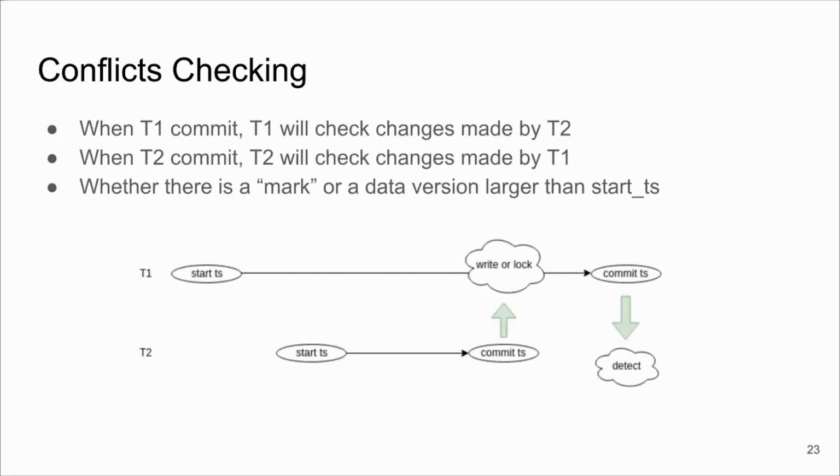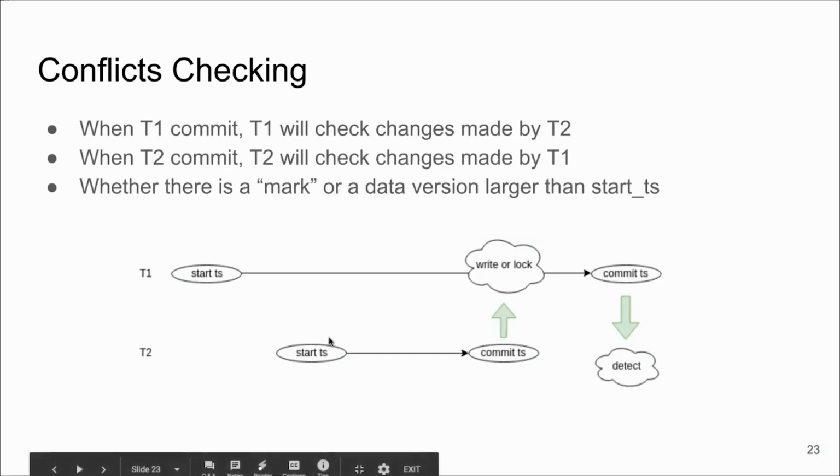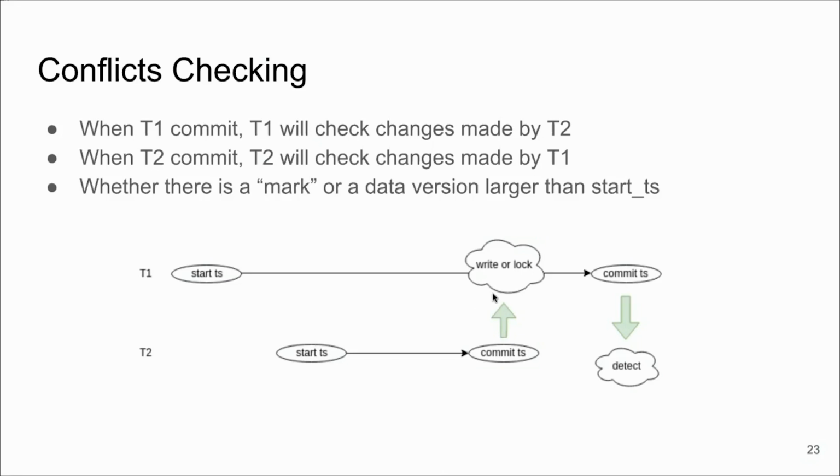T1 starts at its start timestamp, and then T2 starts at a later time. T1 may make some changes, and T2 may commit earlier. When you try to commit, you check whether the data T2 touches has been modified by T1. If not, it will commit. And then T1 will do the same thing when it tries to commit.